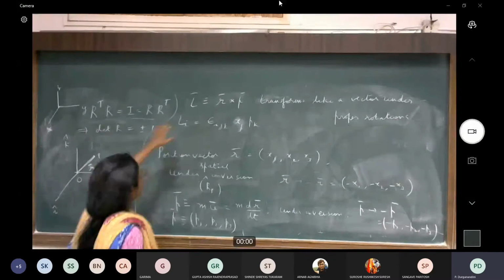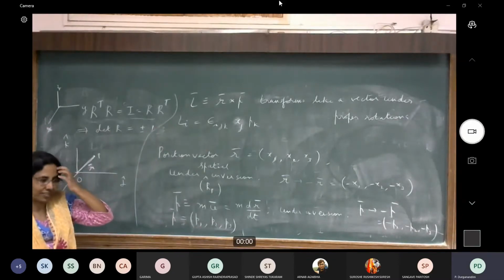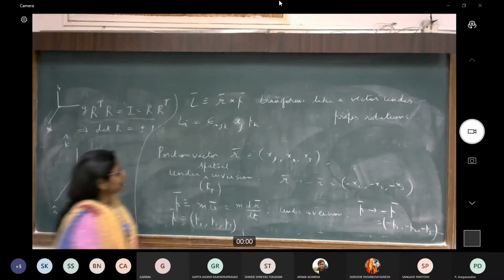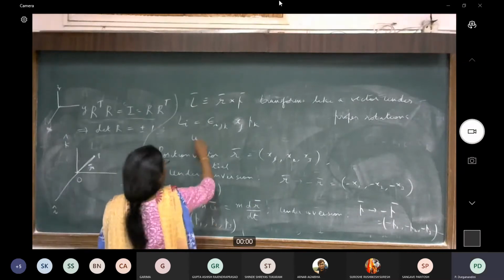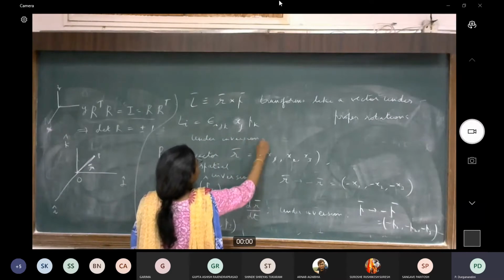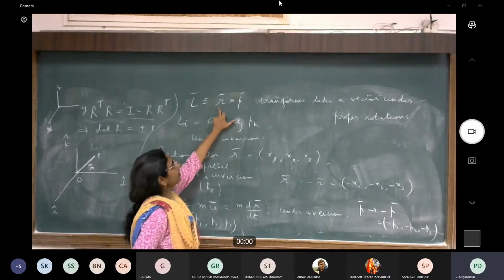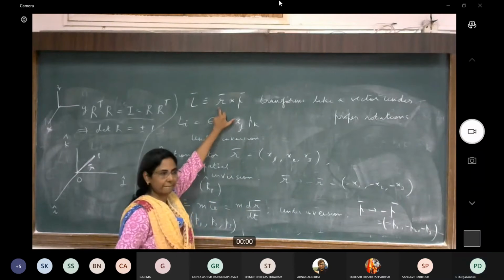But what happens to this object under inversion? How does it transform? Under inversion, what happens to the right side? R goes to what?